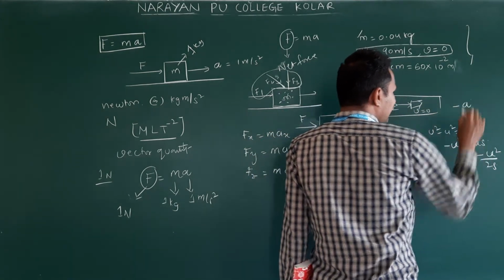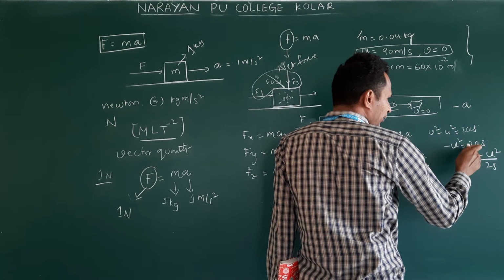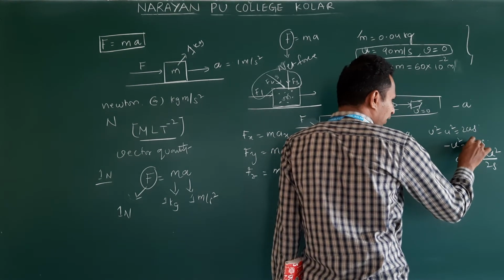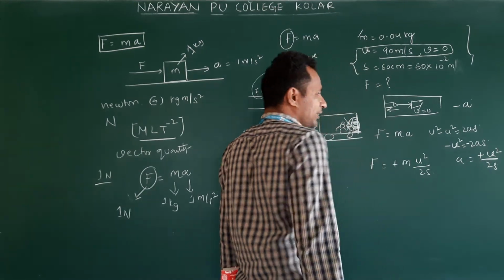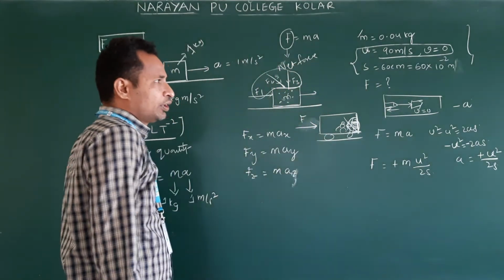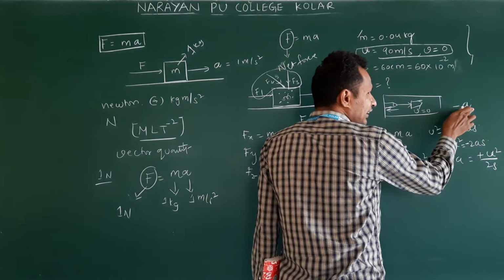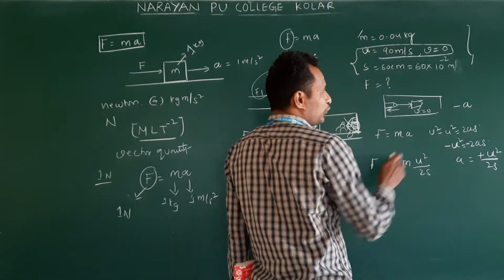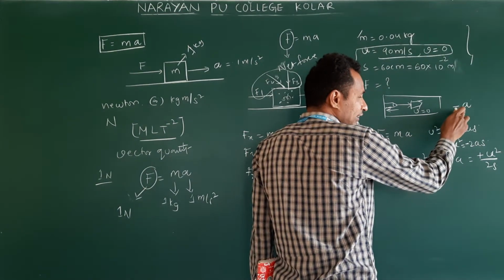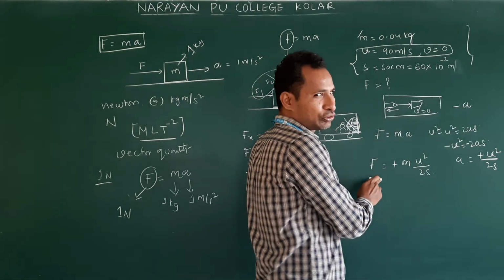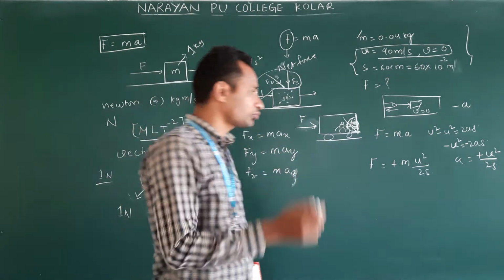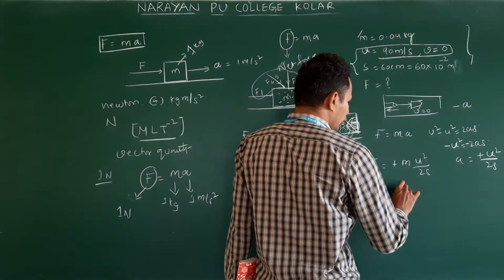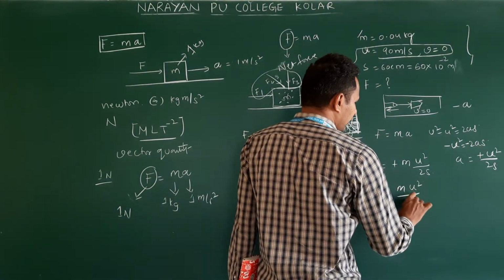So minus A. You can take it here also. If you take minus A here, then this will become minus, minus minus will cancel, and we will get plus. If you take deceleration here, then you will get F positive. If you do not consider deceleration here, then you will get negative force. It only depends on how we are describing. So F is equal to M U square by 2S.